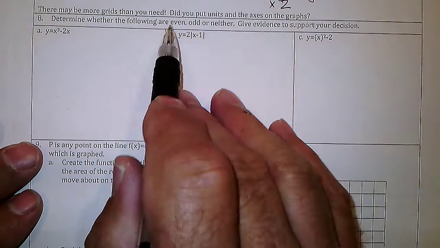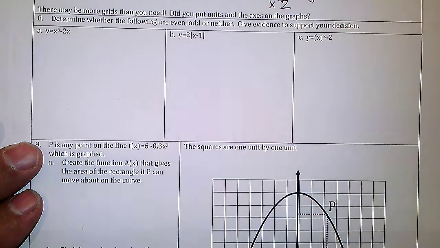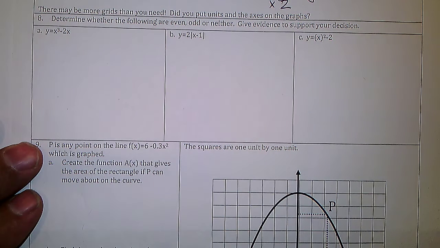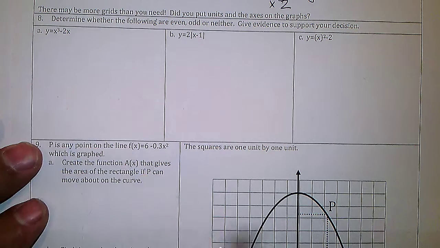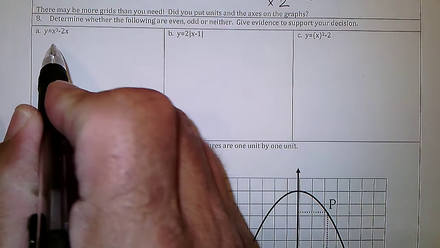Determine whether they're odd, even, or neither. Once again, to do a simple check, I'm not asking for a proof. Put in a number that isn't real special, like maybe 2.